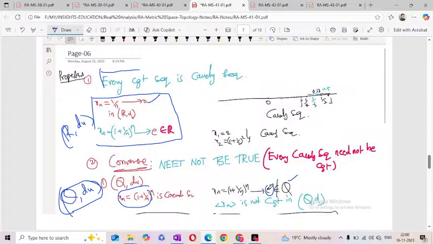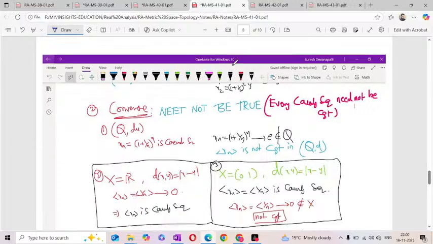That means every convergent sequence must be a Cauchy sequence, but the converse, that a Cauchy sequence need not be convergent, holds in a metric space.